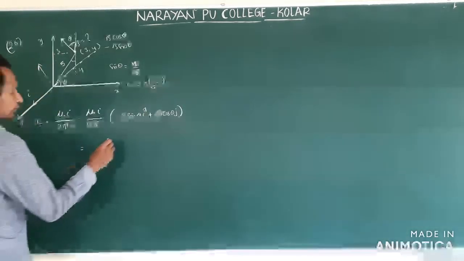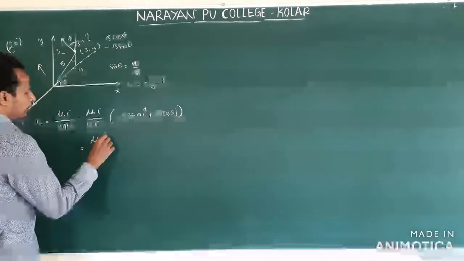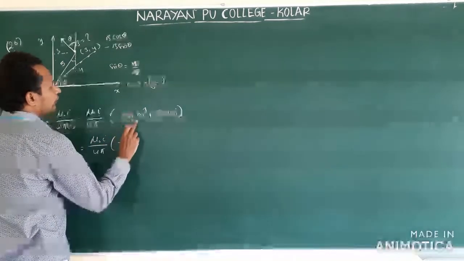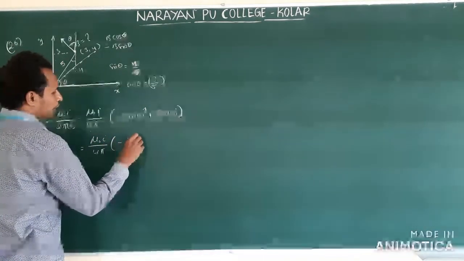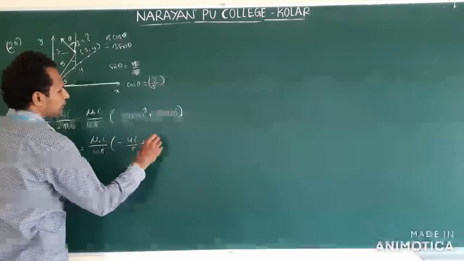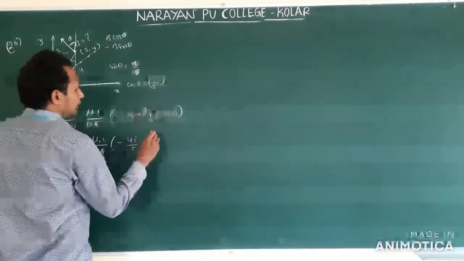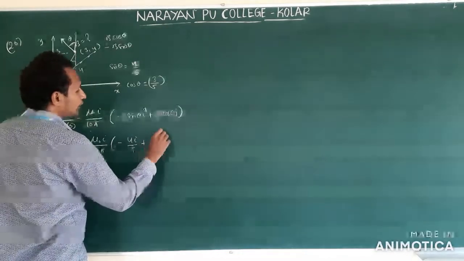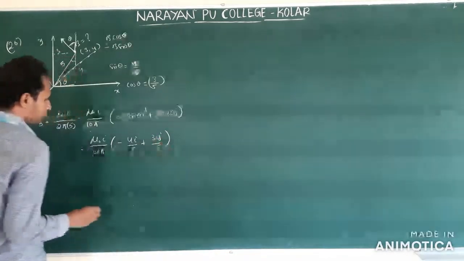Then substitute: mu naught I by 4 pi, minus sin theta value is 4 by 5, so 4I by 5, plus cos theta value is 3j by 5.